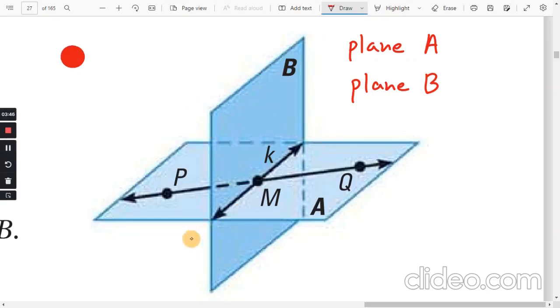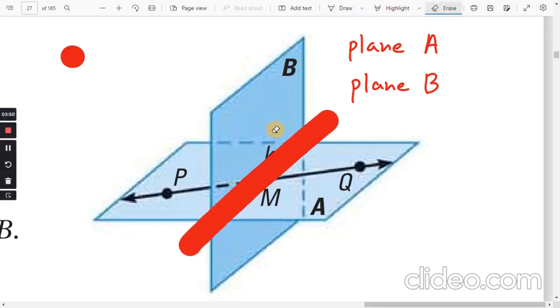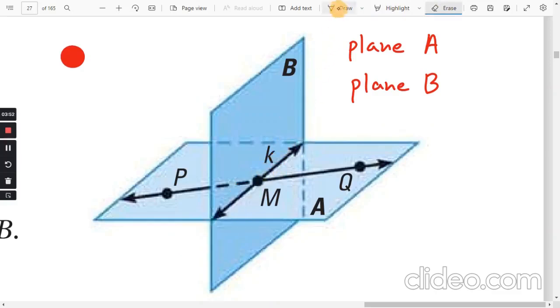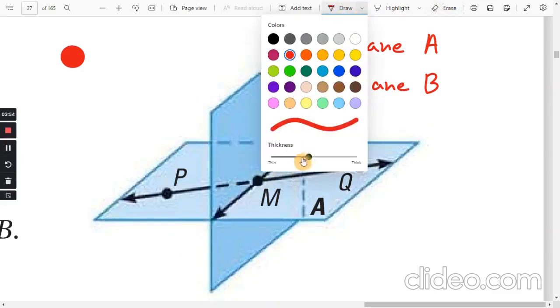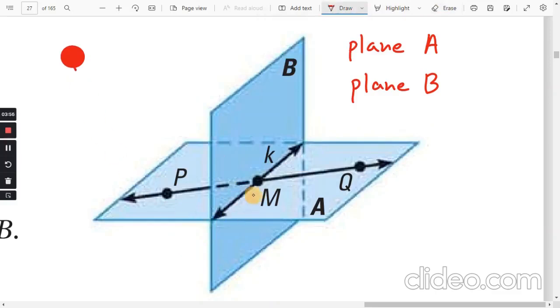So where they meet is this line right here. So there are not 2 points on that line. Okay, there's only 1 point M, so we can't use that. We have to use line K. So these 2 intersect at line K.